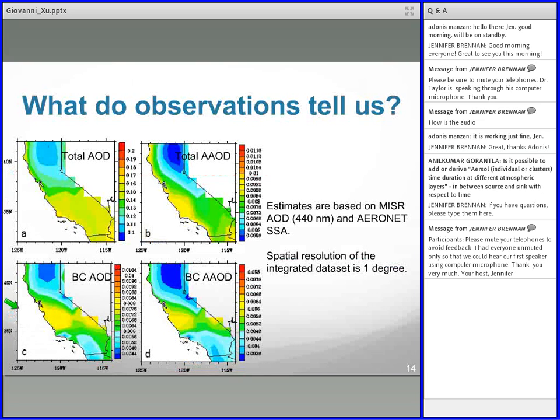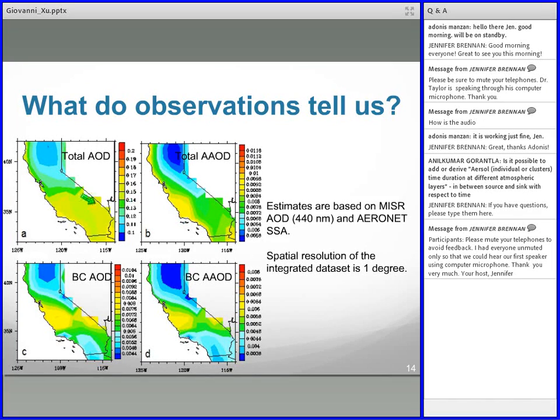So let's look at the main result first. Here we can see we obtained the total AOD and the total absorption part of the AOD over the entire California region. The total AOD has a larger value over Southern California, but the total absorption has a maximum value along the coastline.